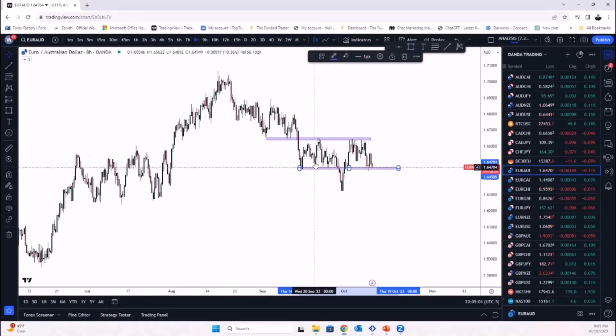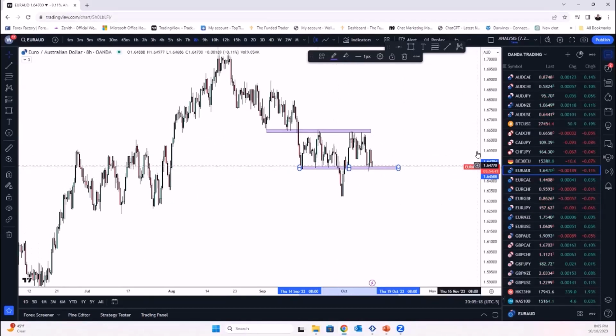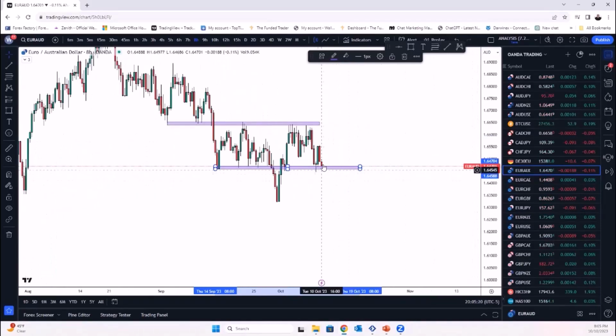These bounces we can trade. So it comes down, hits that, it bounces off of that, we can trade that. Then it breaks through a little bit. That was probably more so news related, but we can trade these bounces, right? So right now it's coming back to this area of support, and we just wait to see if this is going to hold. If it holds, where do you think it's going to go?